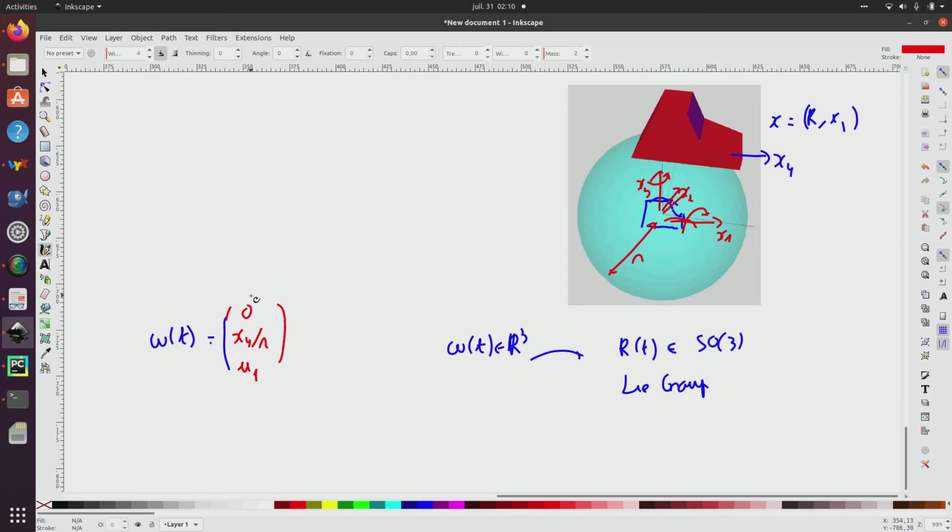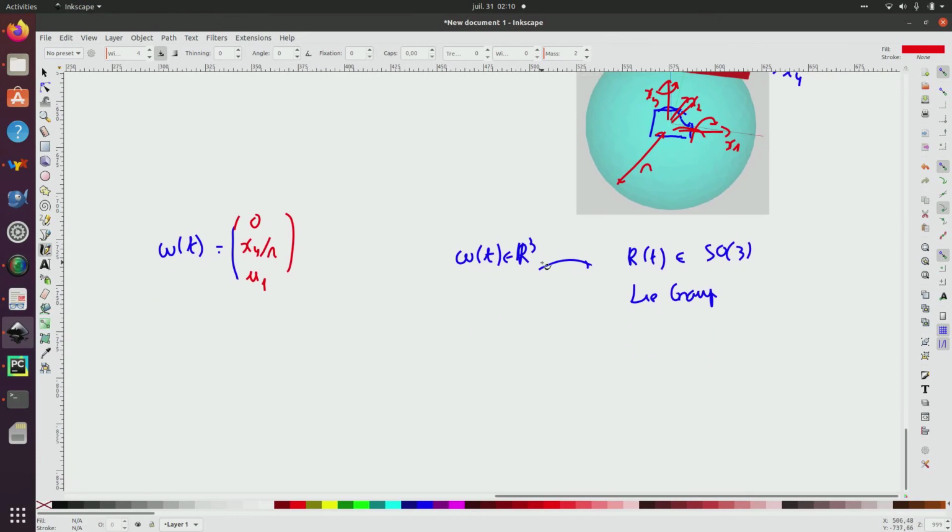As a consequence, I will have the evolution of r at time t plus dt, which will be given by my r of t multiplied by the exponential of this one for a time equal to dt. So dt multiplied by omega r vector product.